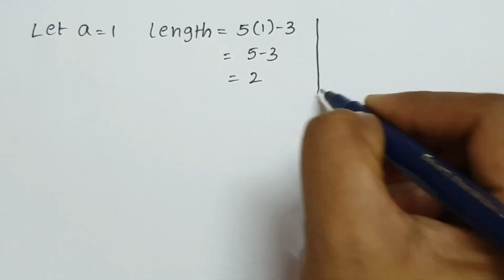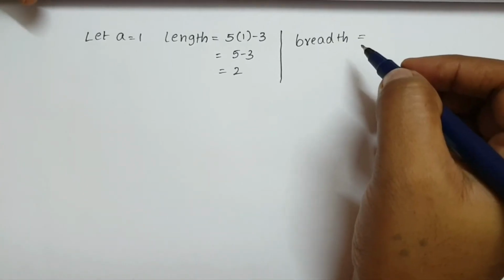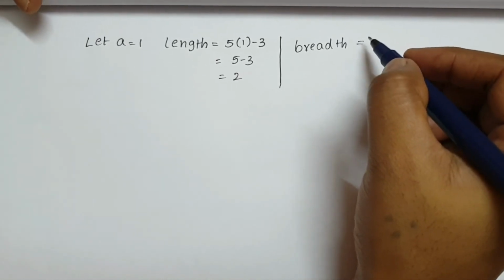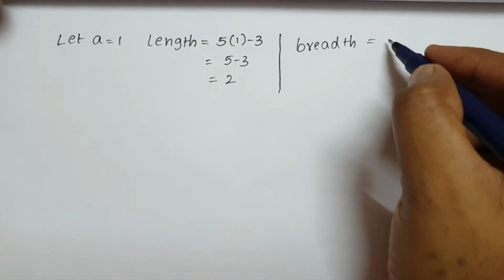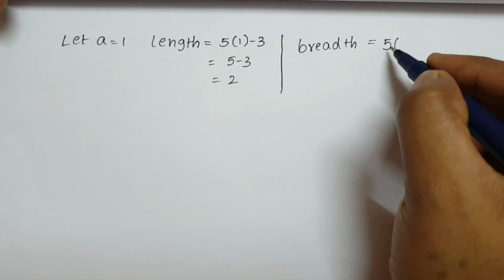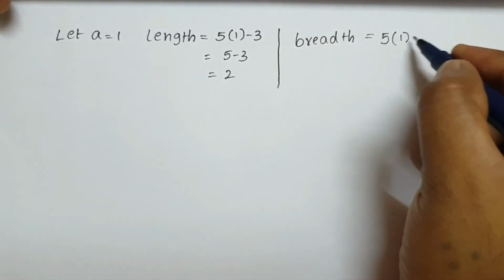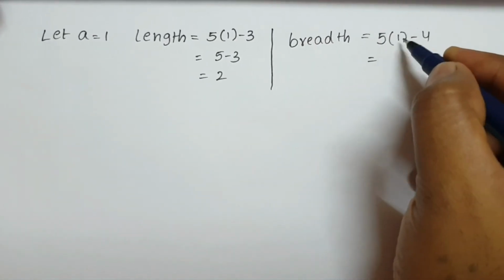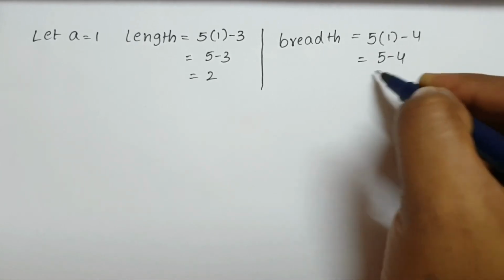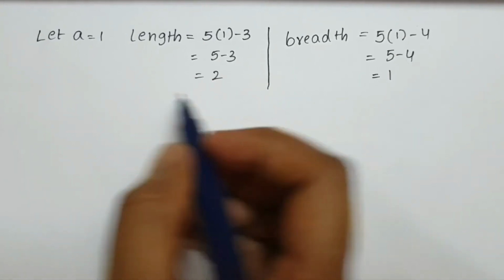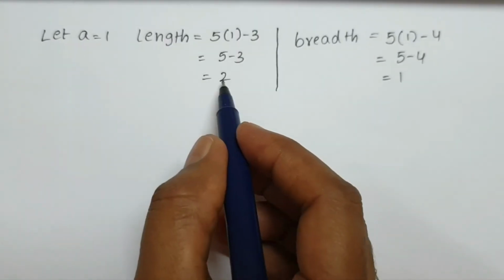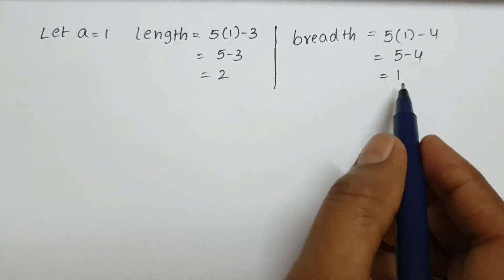Same like that, breadth: breadth equals 5a minus 4, with a equal to 1, 5 into 1 is 5, minus 4 we get 1. So with a equal to 1, length is 2 and breadth is 1.